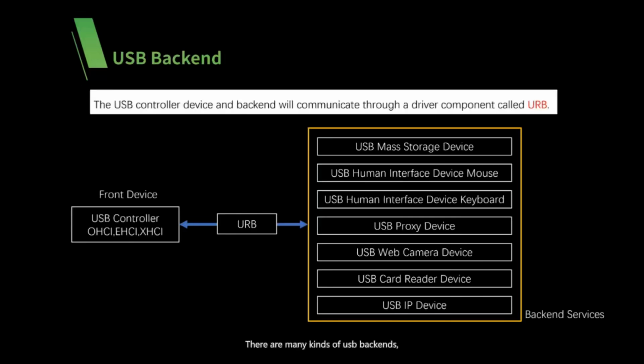There are many kinds of USB backends, such as storage USB, camera USB, and network USB, and so on. They define a unified interface, and backends interact with the front device through URB. Therefore, the USB attack surface has URB and various backends.